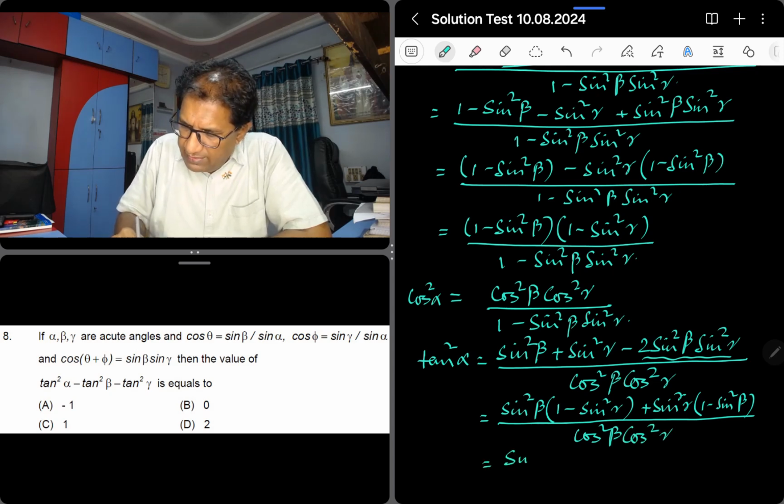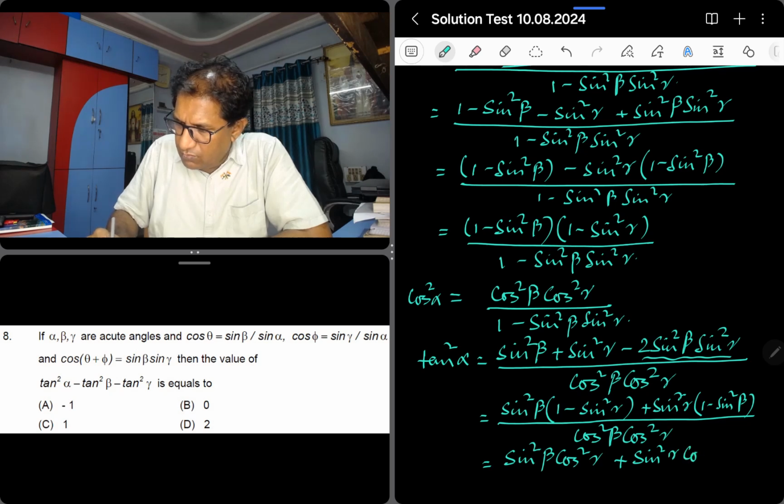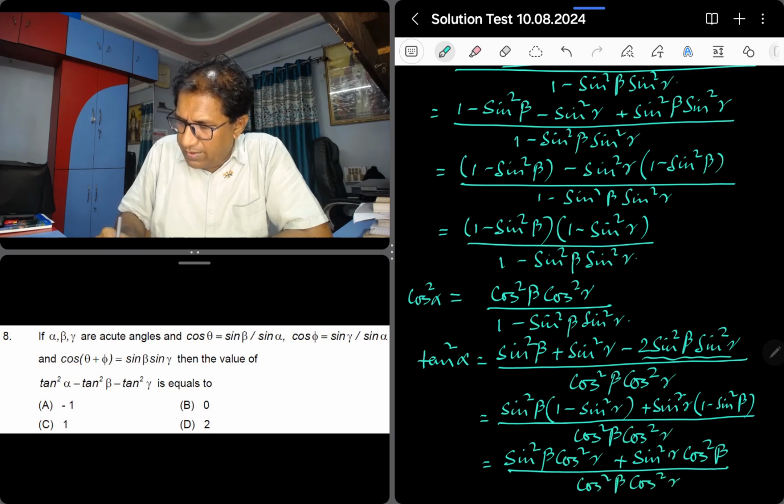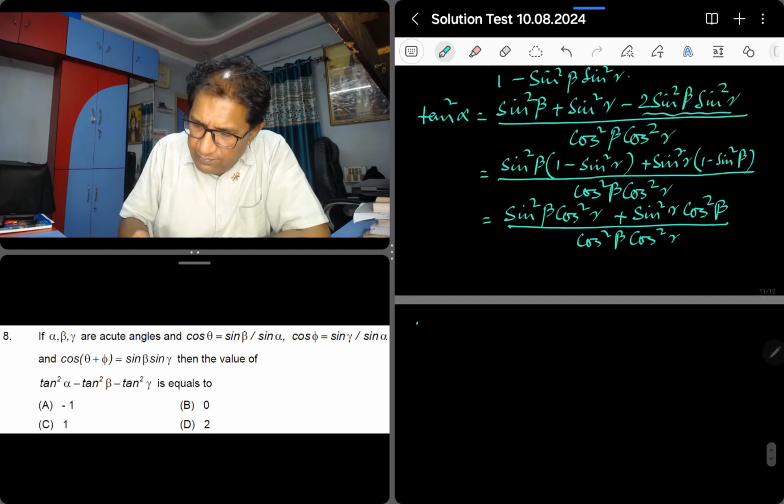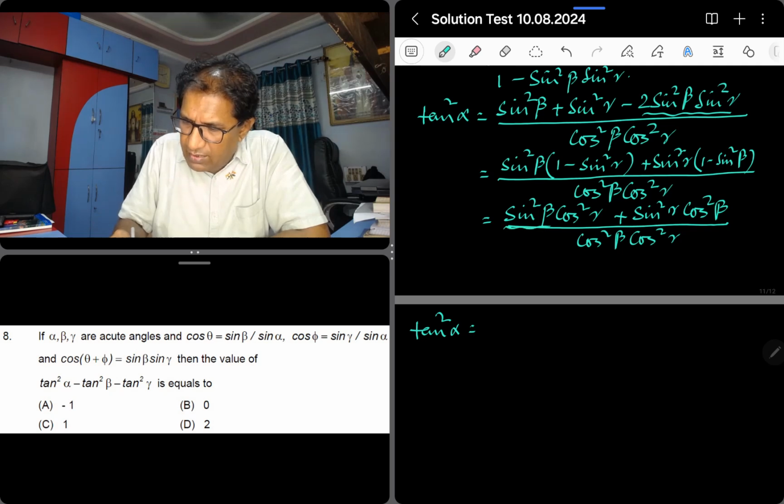So this is basically sine square beta cos square gamma plus sine square gamma cos square beta divided by cos square beta cos square gamma. Now if we separate, we are going to have sine square beta cos square gamma divided by cos square beta cos square gamma will give us tan square beta.